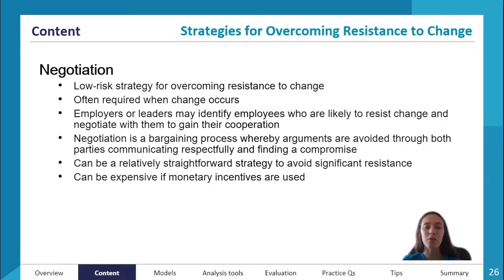And so that kind of bargaining process where you're trying to reach that kind of happy medium in a way. And it's about avoiding arguments because both parties are communicating respectfully, and it's finding that compromise, that happy medium somewhere in the middle of what each party originally wanted.